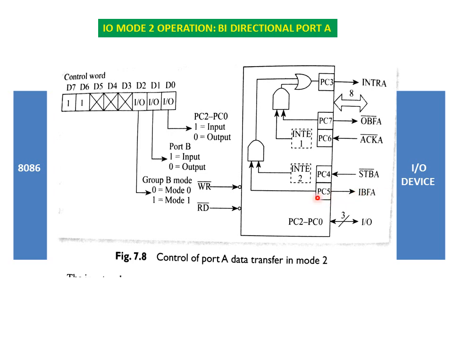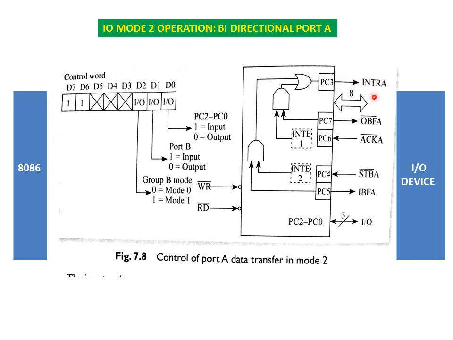Then after receiving the input data, the data is with the port A register, PA0 to PA7 bits. Immediately it will give an interrupt signal to the 8086 microprocessor.